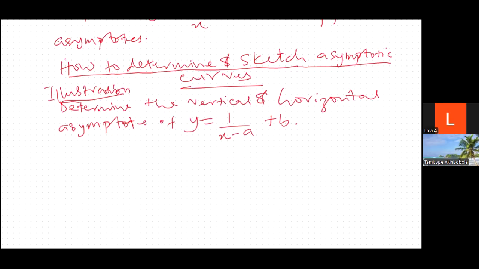Yes, sir. Oh, there was a gray box in the middle of my screen that I couldn't see past. I said illustration here.